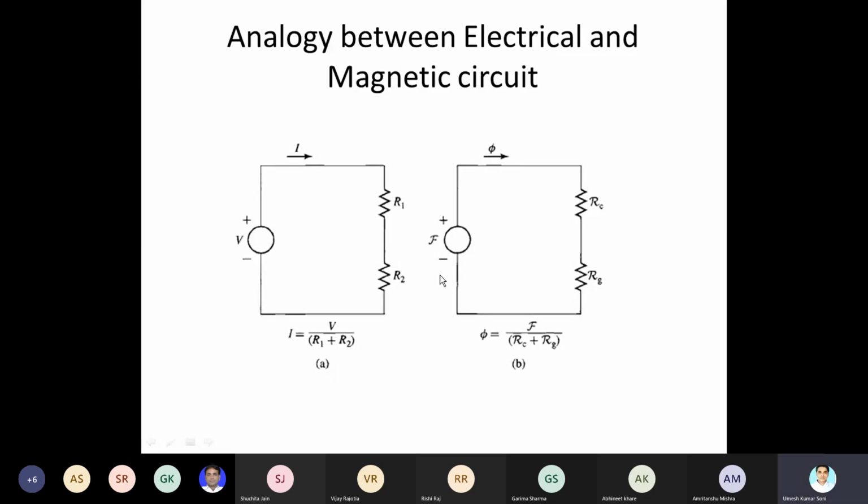In the same manner as the current in the electrical circuit, there is flux in the magnetic circuit. The voltage in the electrical circuit is similar to the MMF in the magnetic circuit. Similarly, the voltage drop in the resistance is similar to the MMF drop in the core materials.